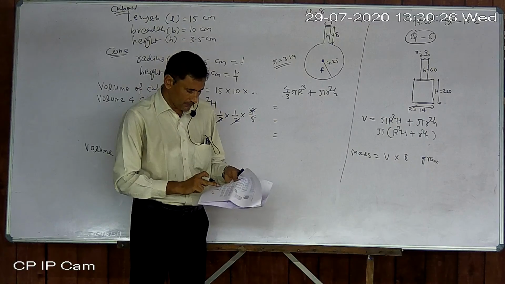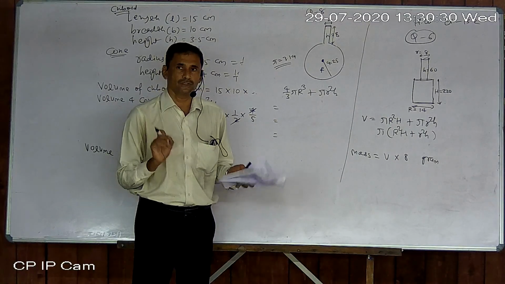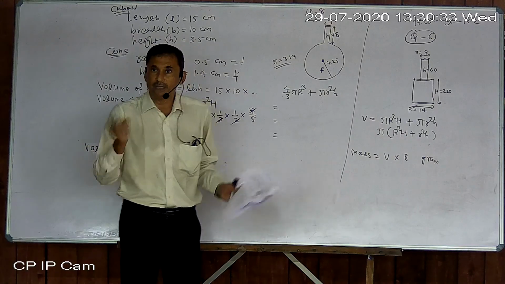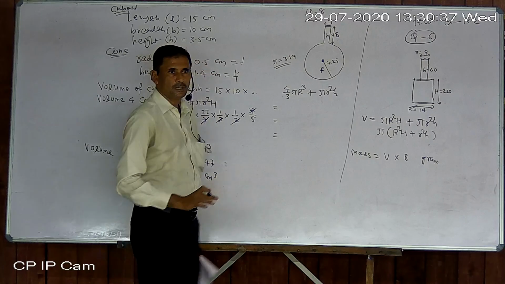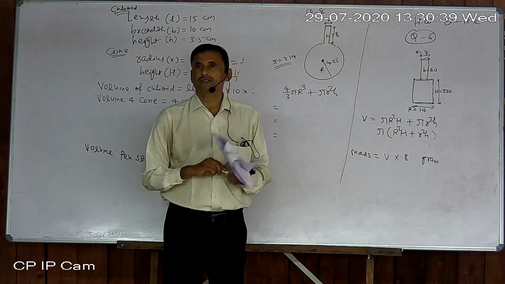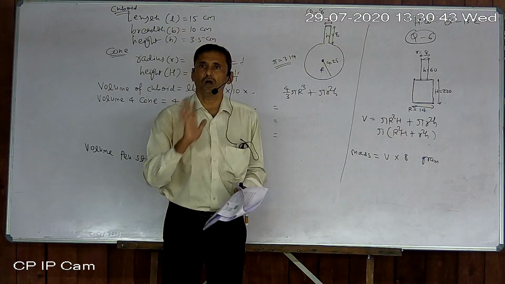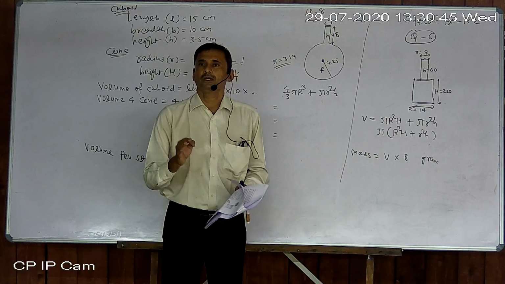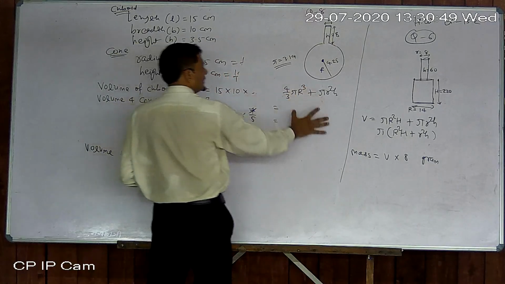Okay, so you can say whether that child is correct or not only after finding the answer. If there is a difference, then she is incorrect. If you got exactly 345, then you can say she is correct.